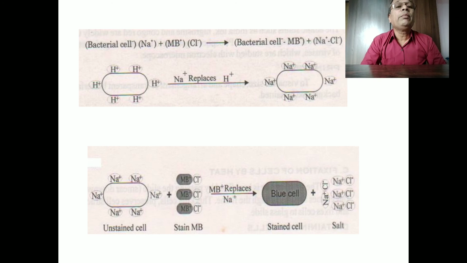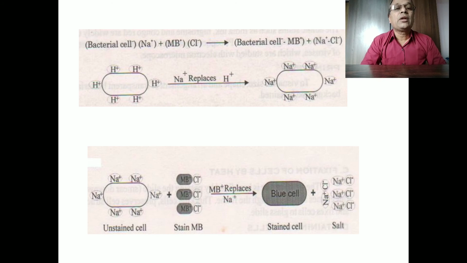And there is use of a stain, methylene blue chloride, represented as Mb plus Cl minus. So Na plus, which is now on the cell surface, will be replaced by Mb plus. Ultimately the blue color will be received by the cells and cells will appear blue, and the Na plus will react with Cl minus to form NaCl.